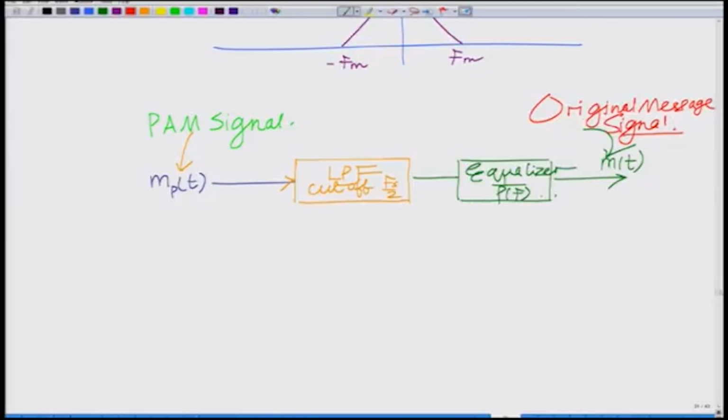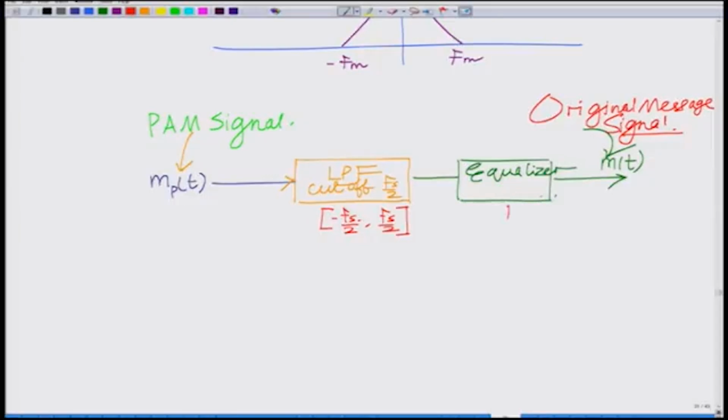Okay. So, you take the PAM signal, you have your low pass filter, that is low pass filter between minus Fs by 2 to Fs by 2, okay, that is the pass band of this low pass filter, that is pass band until Fs by 2, cutoff frequency at Fs by 2, okay, and then you pass it through an equalizer.